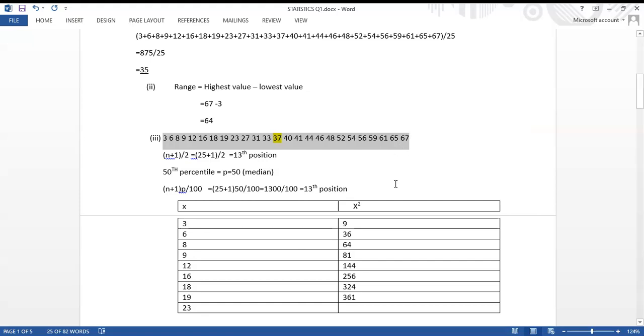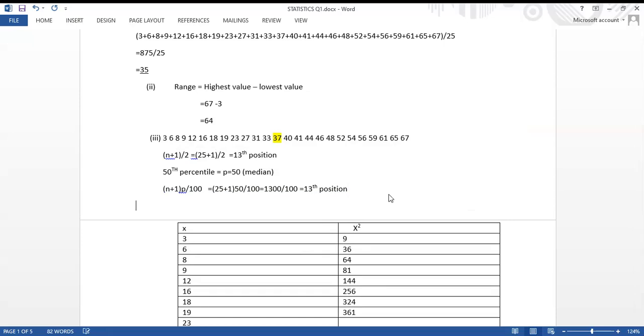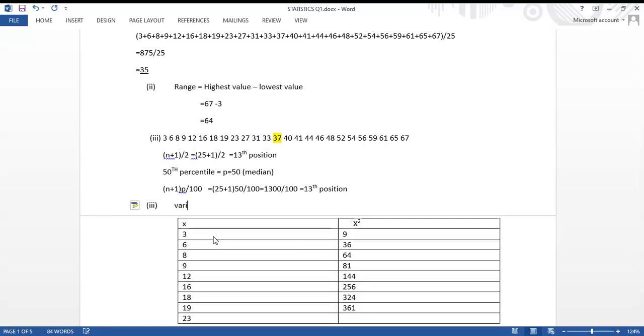There are two ways. This is the first way. You are going to get each of these numbers here, and you square them.